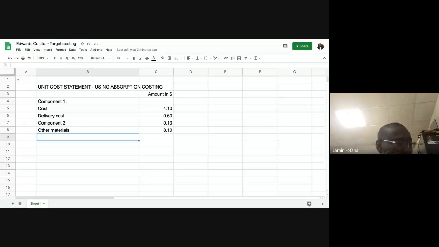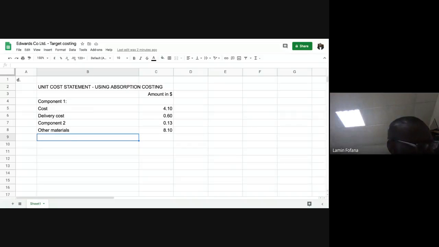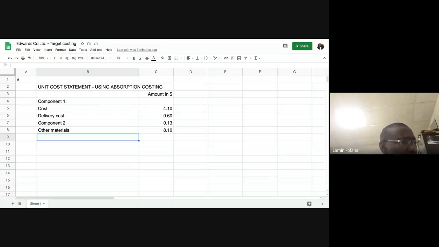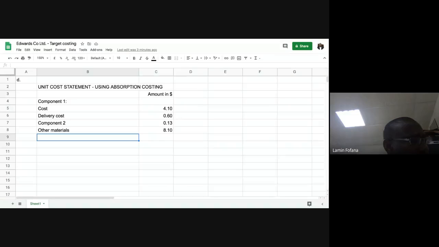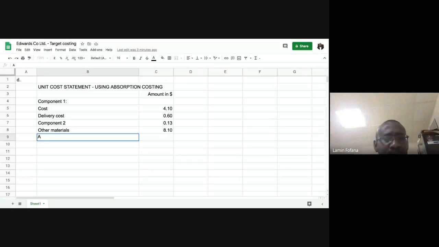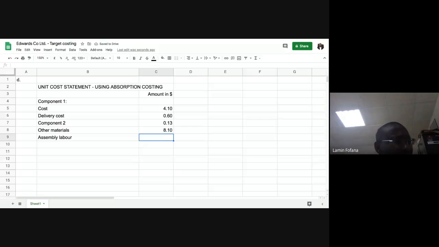So we look at the labour. We have to gross that up as well. Assembly labour, as we can see, the rate is £12.06, and it's 30 minutes for each radio, but we're going to gross that up.